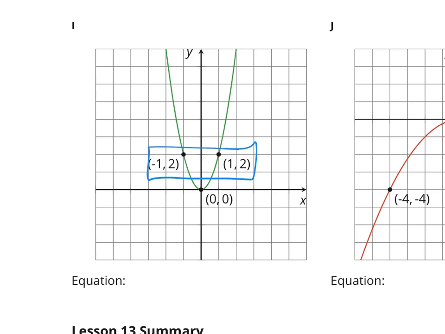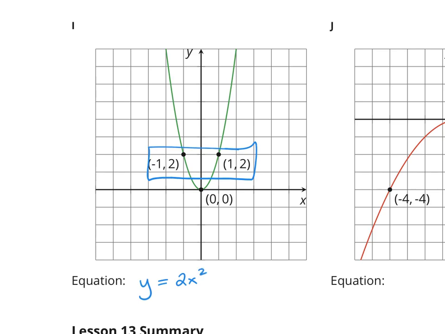But these are actually negative 1, 2, and 1, 2. So it's actually stretched a little bit thinner than my original graph. So by stretching it out, what's happening is you're multiplying the squared term by 2. So in this case, our equation is going to be y equals 2 times x squared.